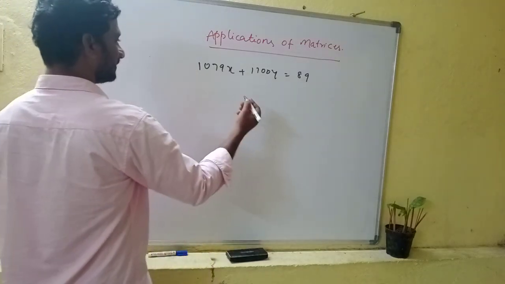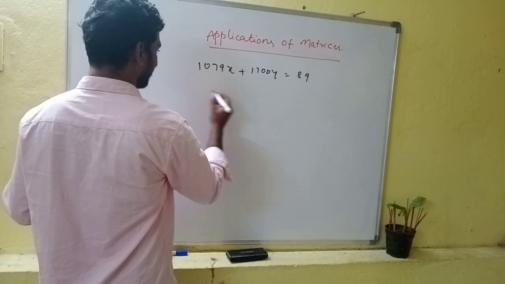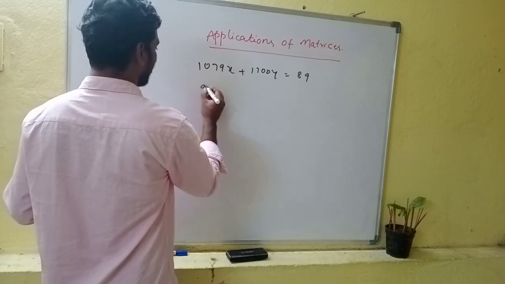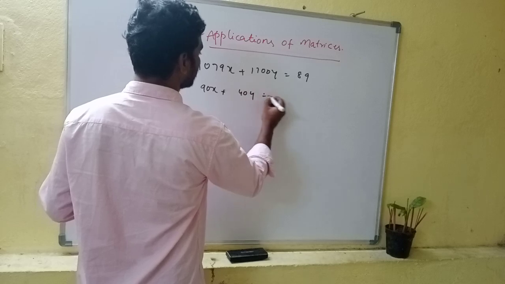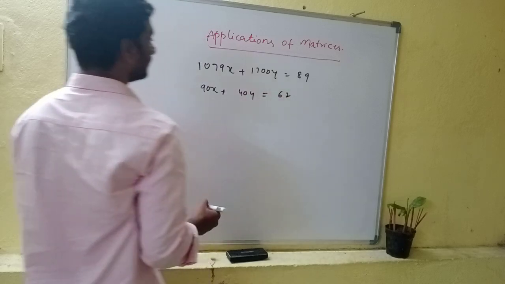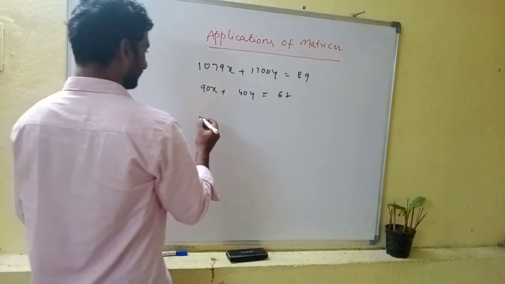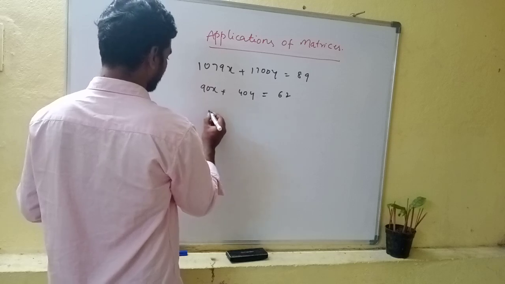So how do we represent this in a matrix? Another example I am taking, 90x plus 40y is equal to 62. So how can we represent this in a matrix?